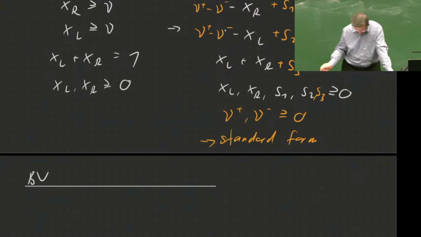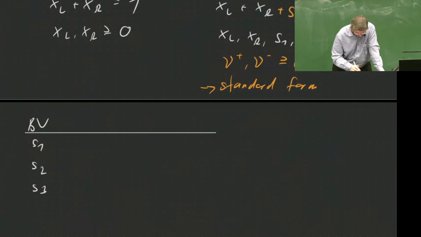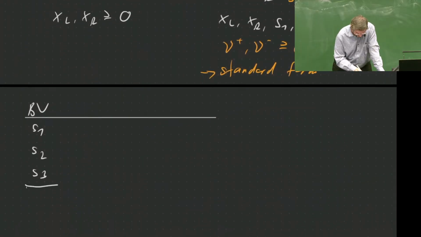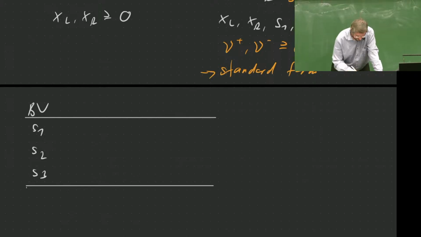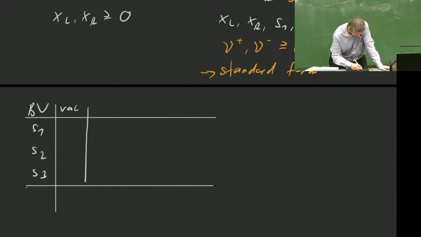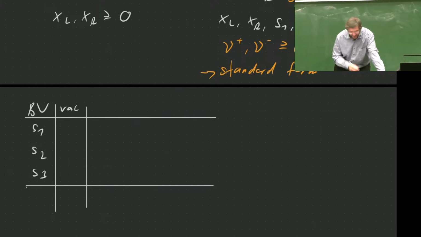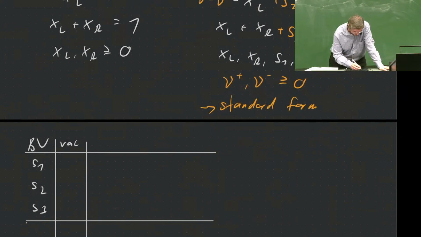So let me just write those down. S1, S2, S3, those are my basic variables. Then in the next column, I'll usually write down the value of those variables. And in the next few columns, I'll write down the actual simplex tableau. And let me see.